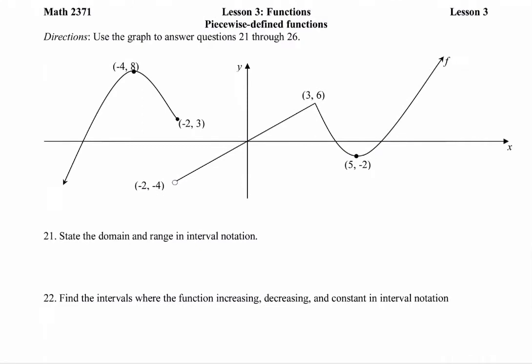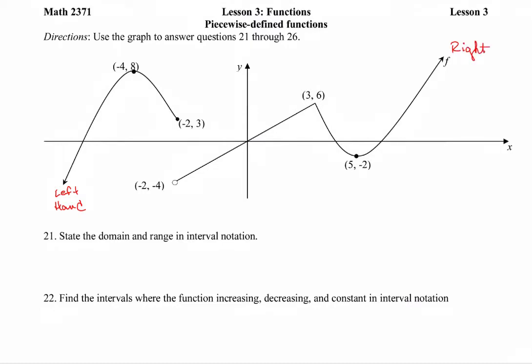All right. Now, let's talk about how to look at a graph and get information off of it. So if I want to find the domain and range, imagine putting your left hand here and your right hand here.